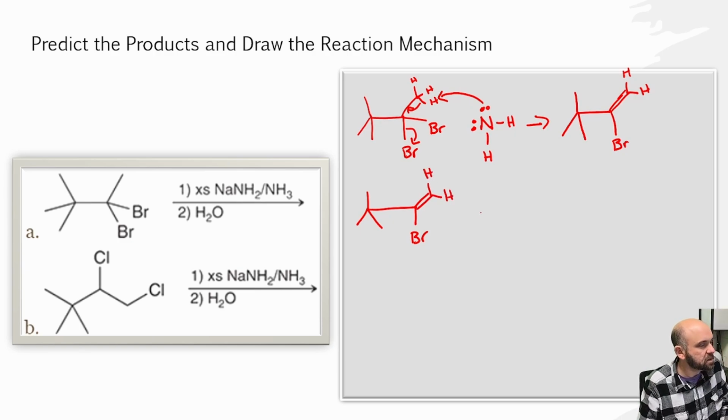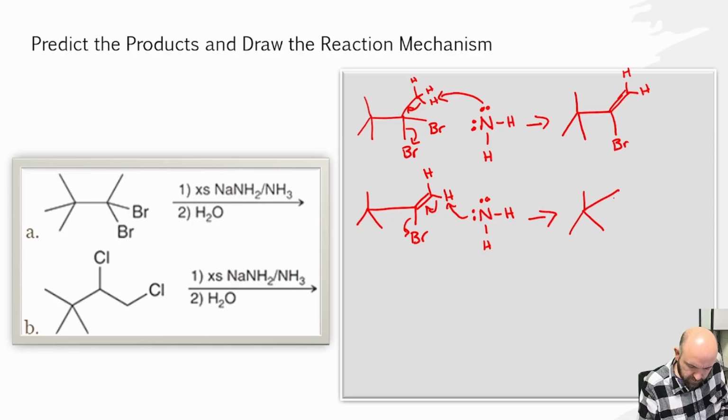Like we said, we made sure to put enough sodium amide in our flask such that we have plenty to react with those beta hydrogens. We will see a second E2 reaction: proton transfer, loss of the leaving group. And now we see the terminal alkyne product.